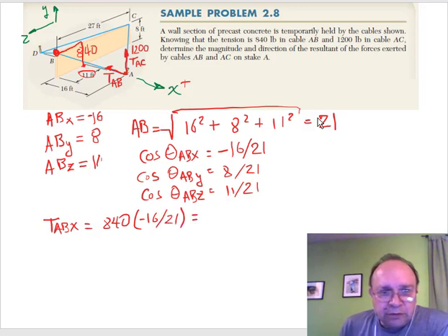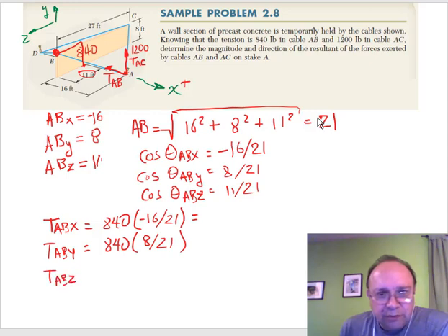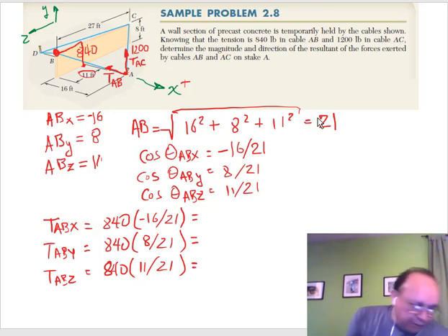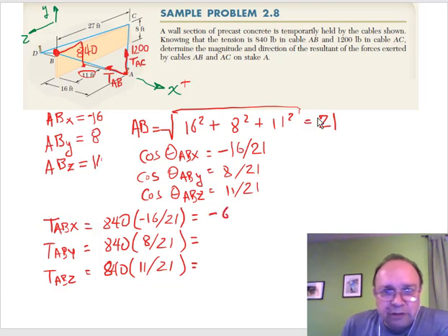The component ABY will be 840 times 8 over 21, and the component ABZ will be 840 times 11 over 21. It is the magnitude of the force multiplied by the cosine. So this comes to be minus 640, this comes to be 320, and this comes to be 440.